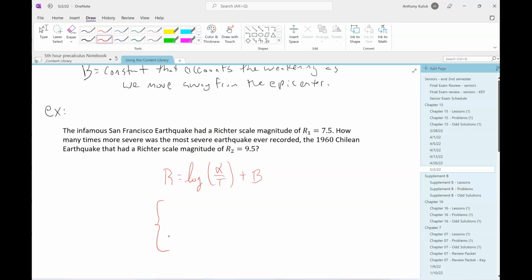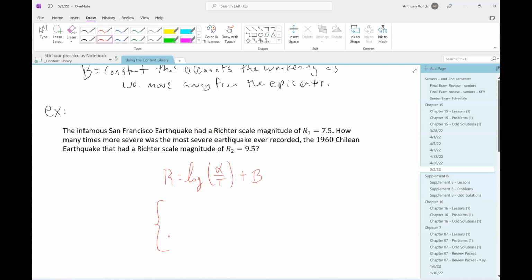But let's think here a little bit before we start writing this system out. It's asking about the severity. When we talk about an earthquake's severity, we're probably talking about how big of a shake you're getting, right? So that was represented by the alphas. Everybody agree with that?